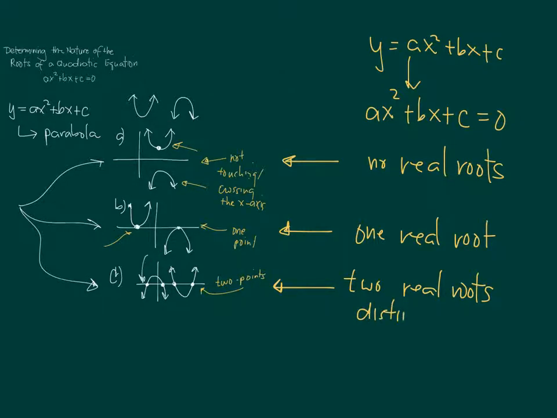Okay, so they're different. Like this is one root, and the other root will come from this point. Two real and distinct roots.